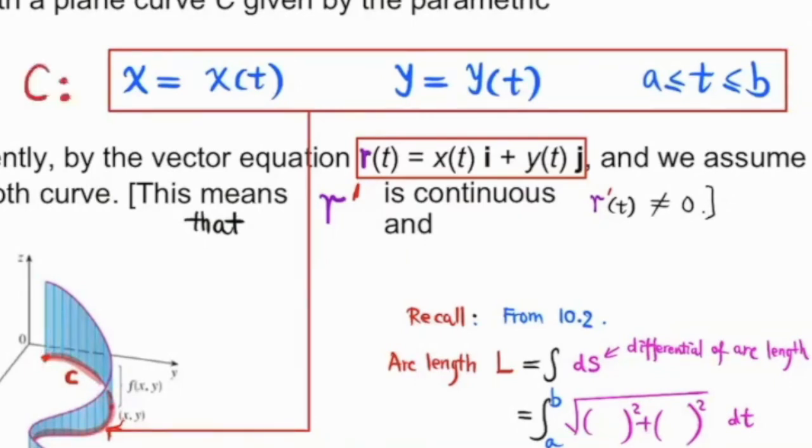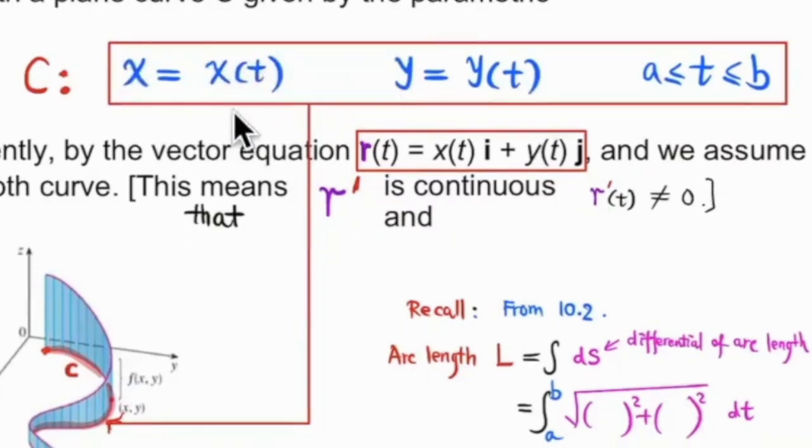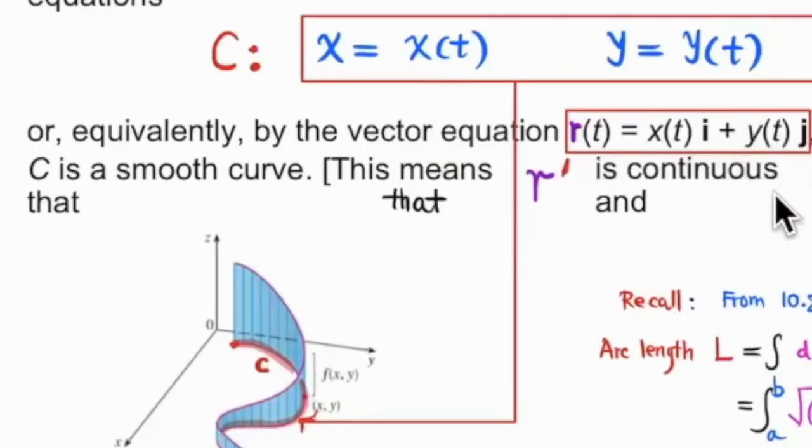The curve C is given by this pair of parametric equations, x equals x of t, y equals y of t. This just means it's a function where the input is t and the output is x. Or equivalently, we can write the vector equation r of t equals x of t i plus y of t j.